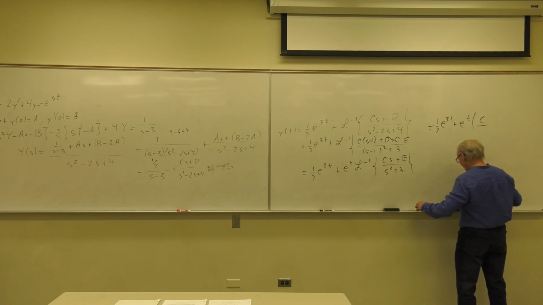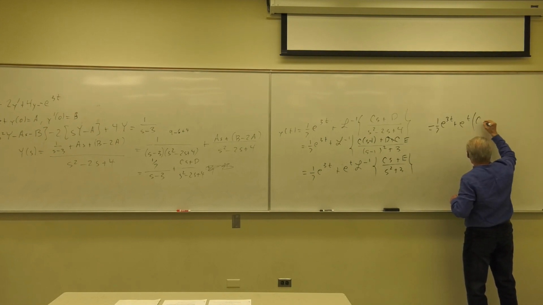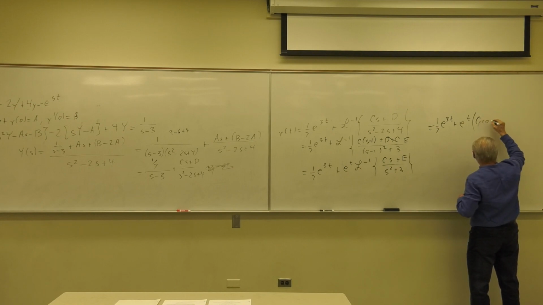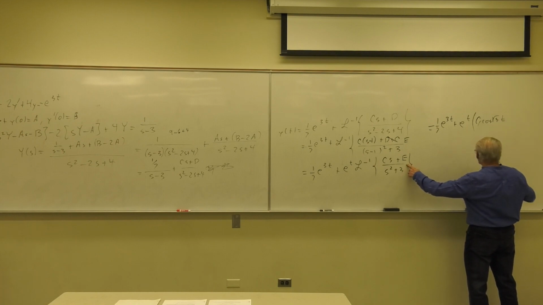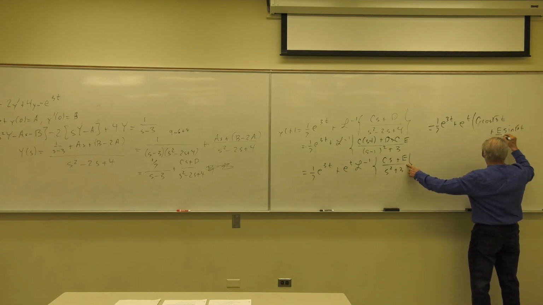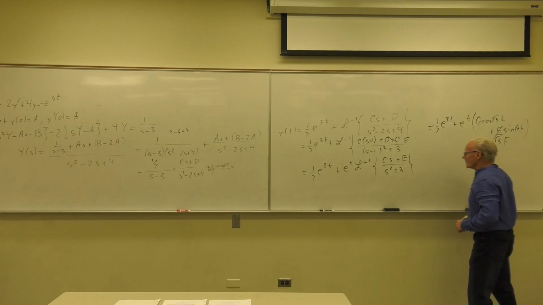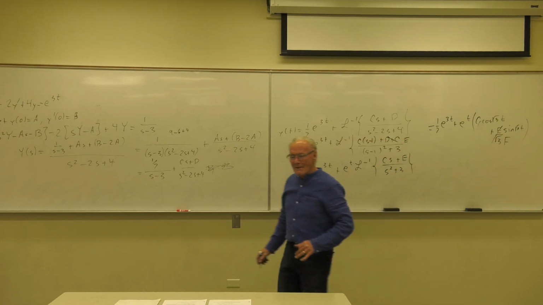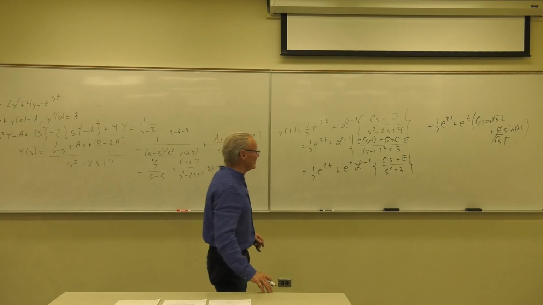C cosine of root 3t. Then for this one, we would have an e, sine of root 3t. And then it'd have a root 3 in the bottom, and I'll call that f. There it is. There's my general solution.